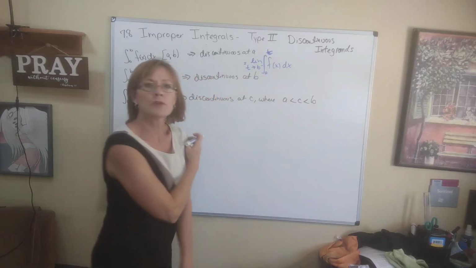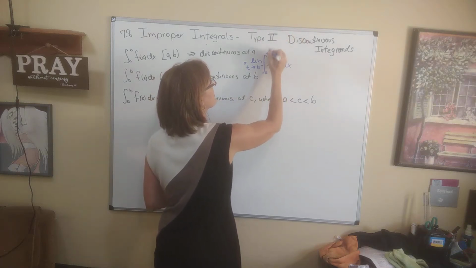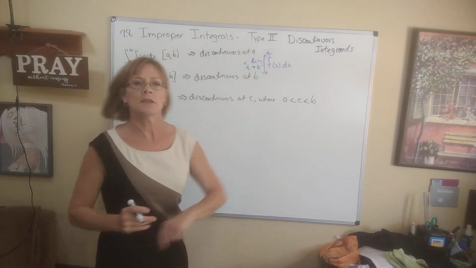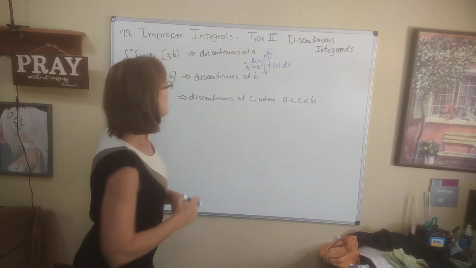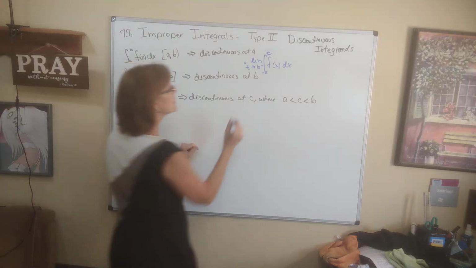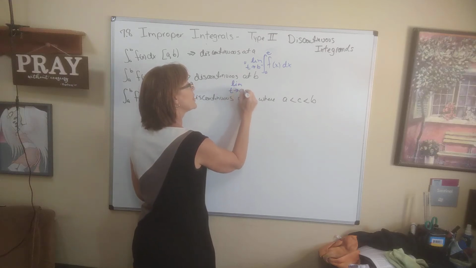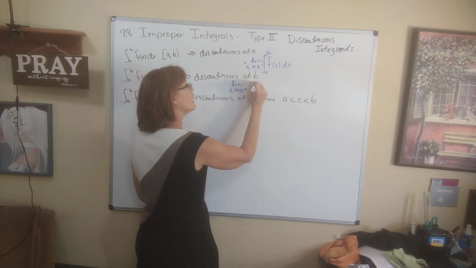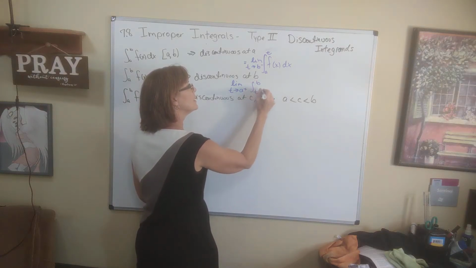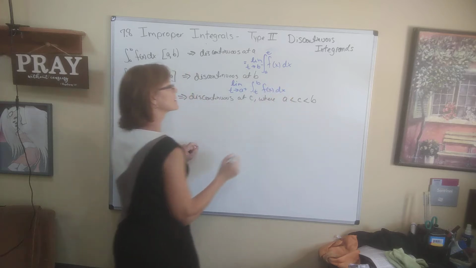We rewrite it with the place where it is discontinuous using this limit as t goes to B from the left. If it occurs at A, then we'll rewrite this as the limit as t approaches A from the right of the integral from t to B of f of x dx.